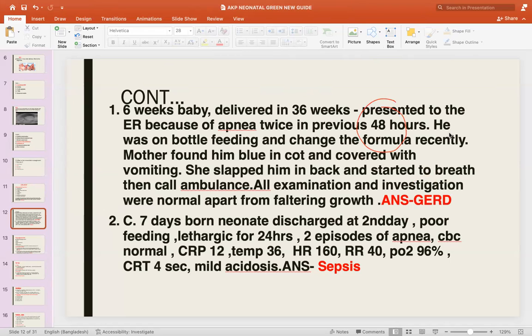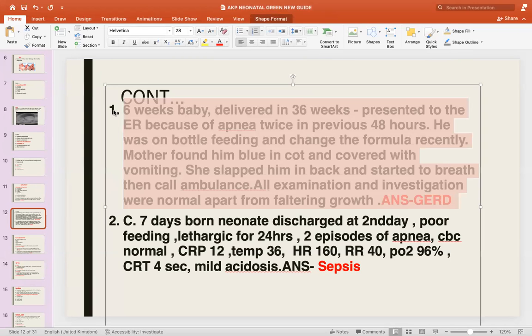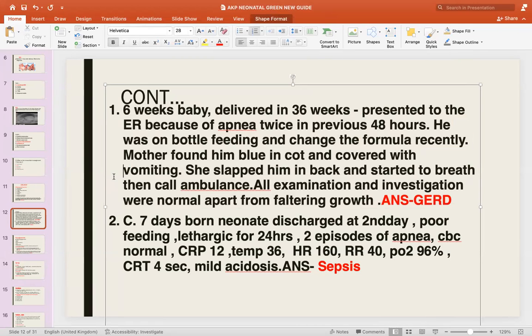That means there is some aspiration due to gastroesophageal reflux. If they ask what is next, you have to tell the differential as non-accidental injury. Any adverse life-threatening event in a neonate, you have to say non-accidental injury. Okay, now next question.